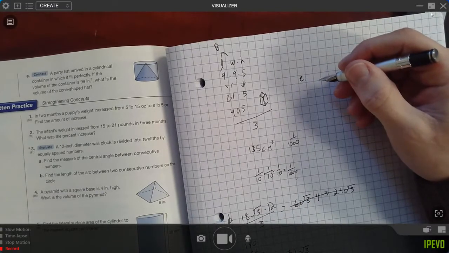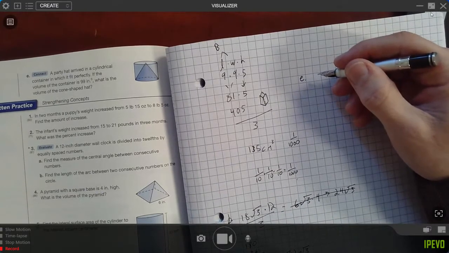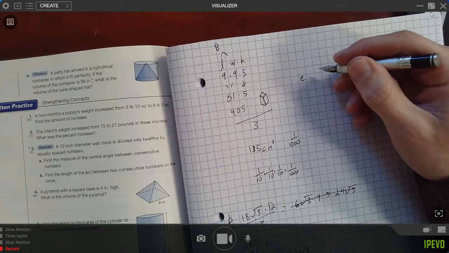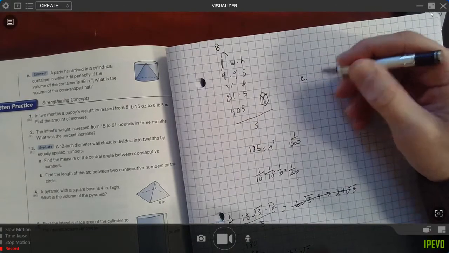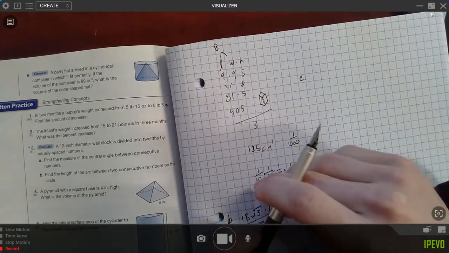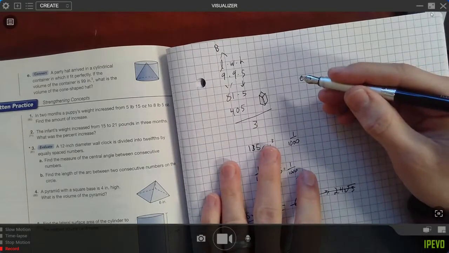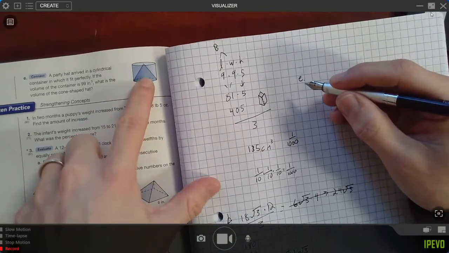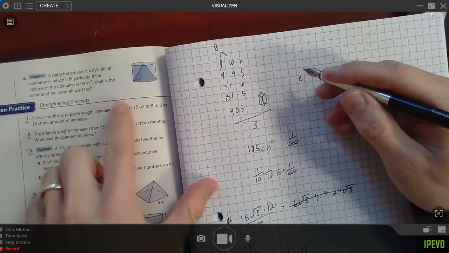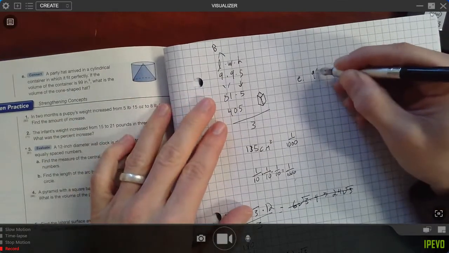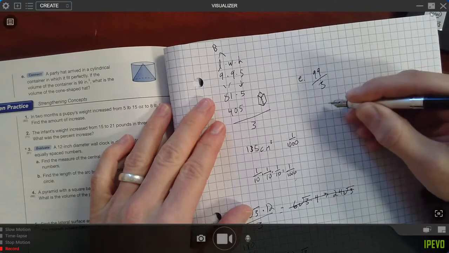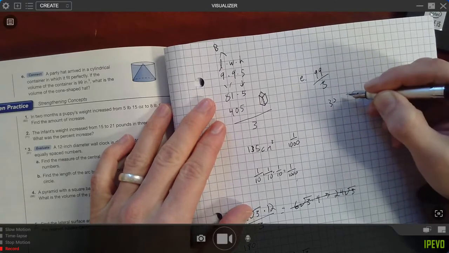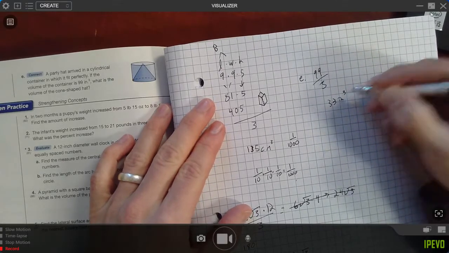The volume of the container is 99 inches cubed. What is the volume of the cone-shaped hat? Seems like a large hat. Oh, okay. I see what they're doing. So, it fit perfectly, but it's still 99 divided by 3 is what you're trying to do here. So 33 inches cubed. There you go.